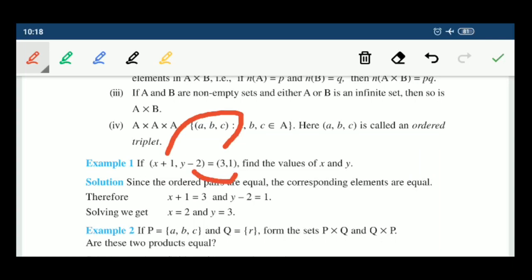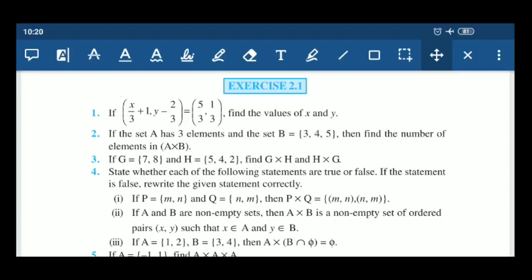When you compare x plus 1 equals 3, from here you will get the value of x, and when you compare the y coordinates, you will get the value of y, that is equal to 3. Students, I hope you have understood what the Cartesian product of sets is.